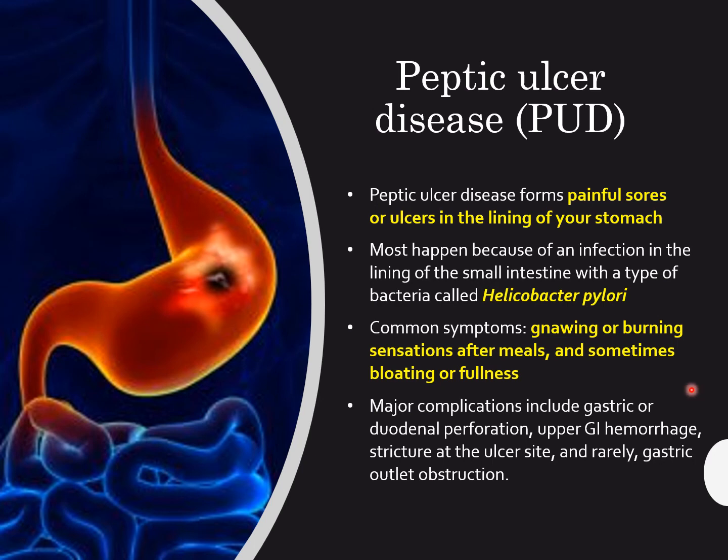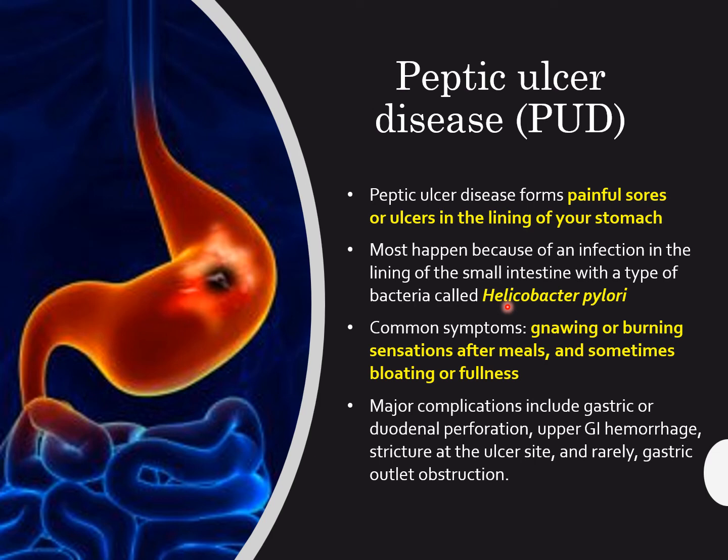Okay, first peptic ulcer disease, PUD. It's a disease that forms painful sores or ulcers in the lining of the stomach. Most happen because of an infection in the lining of the small intestine with a type of bacteria called Helicobacter pylori.